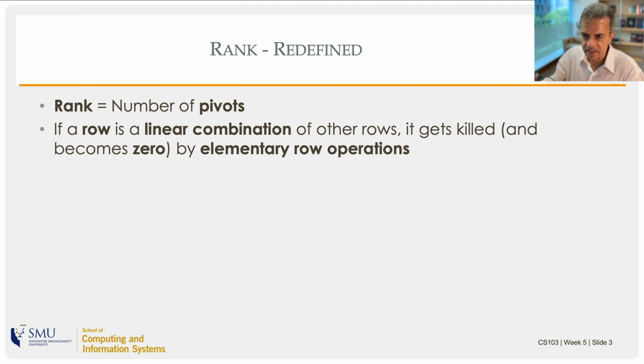So the number of pivots is the same as the number of rows that are not linear combinations of other rows. What does that mean? If a row is a linear combination of other rows, then that row is linearly dependent on other rows. To put it differently, a row that is not a linear combination of other rows is linearly independent of the other rows. So the number of pivots is actually the same as the number of linearly independent rows of the matrix.